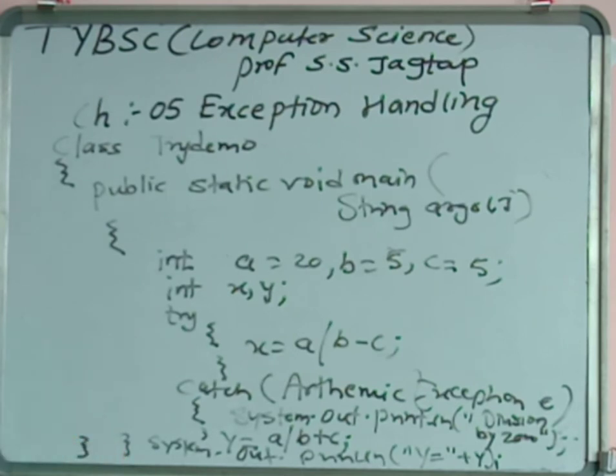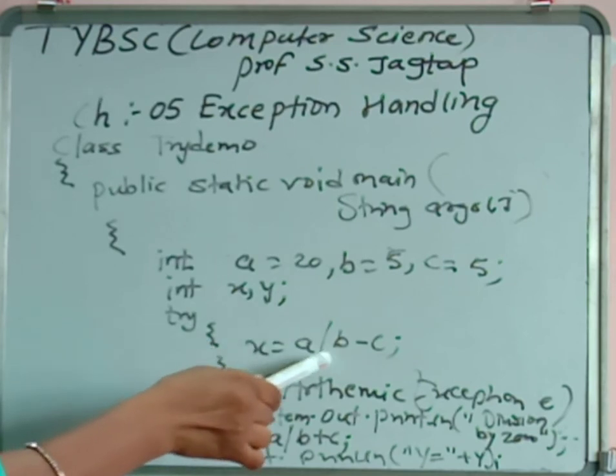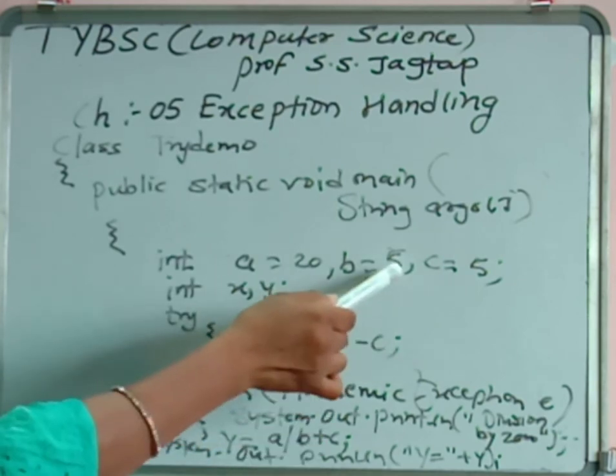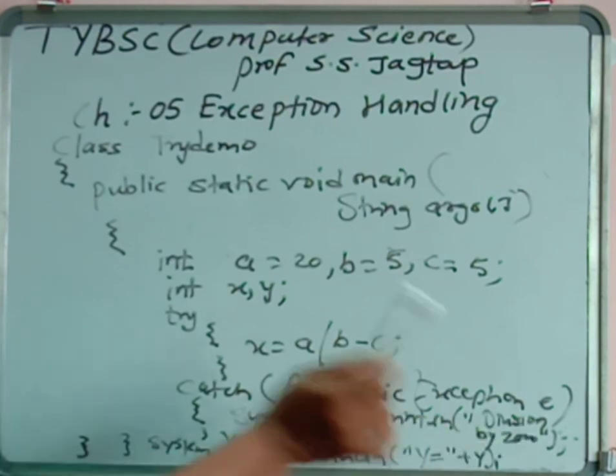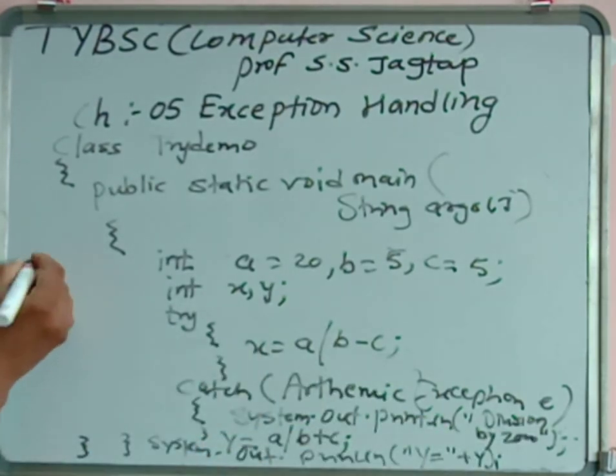Now we will compile this program using javac TryDemo.java and execute it by java TryDemo. With A is 20 divided by B minus C, that is 5 minus 5, it will go to the catch block and print the output "division by 0".